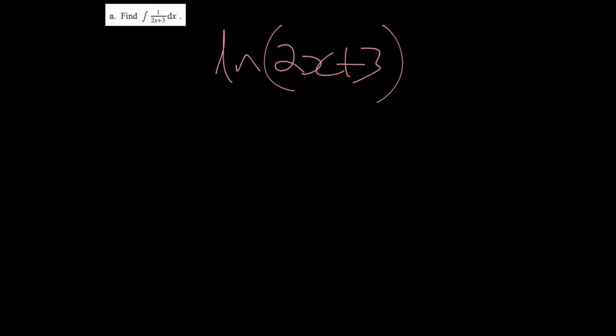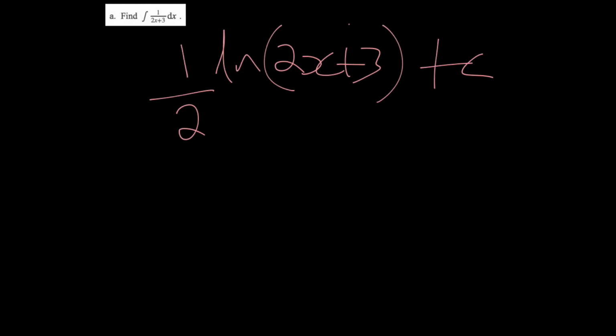And then if I was to differentiate this, I would get 1 over 2x plus 3 multiplied by the derivative of the central section, which would be 2. So I would actually have 2 lots of 1 over 2x plus 3, which is twice as many as I want, so therefore I need to divide through by 2. So therefore the integral is going to be half ln 2x plus 3 plus c.